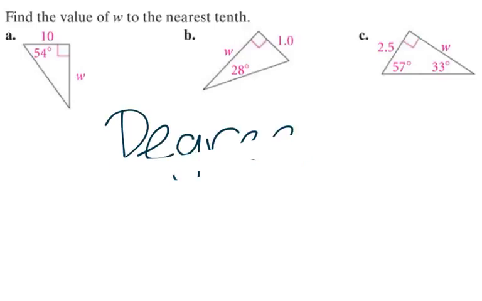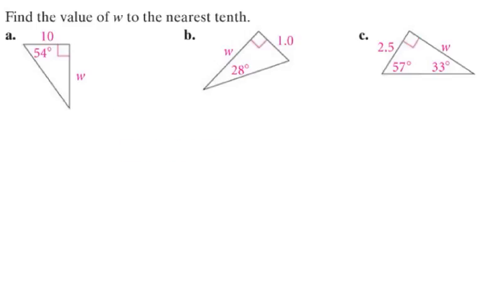Okay, now we can get to this problem. Now our calculators are in the right mode. It says find the value of W to the nearest tenth. So we're going to set up an equation to solve for W by using a trigonometric ratio. If you look at the angle 54, we are looking for W, and from the 54 that is your opposite leg.